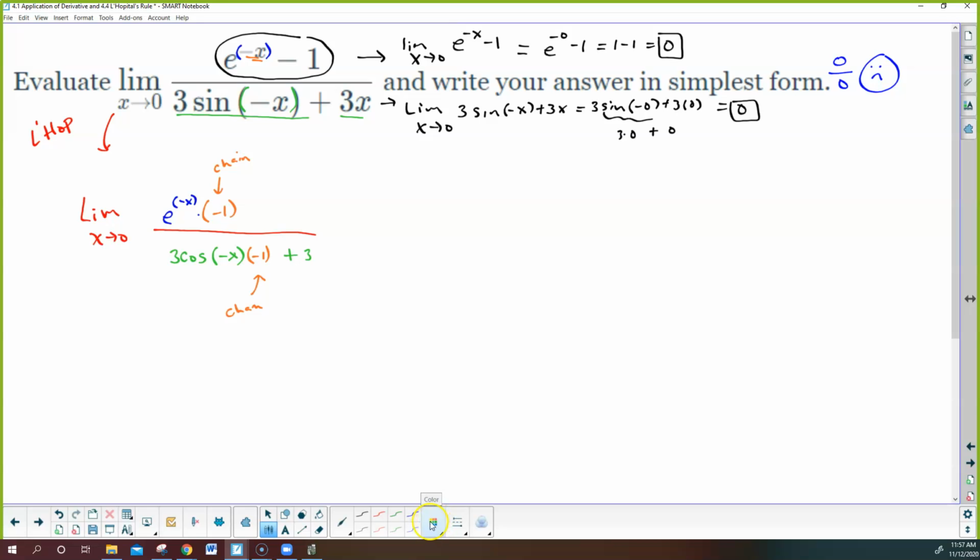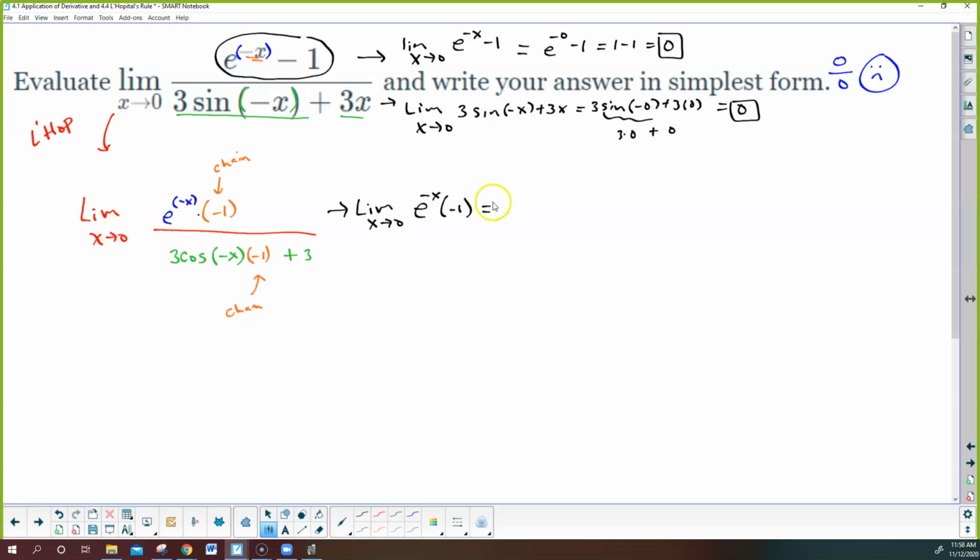Now this is the part where I'm not certain yet. Okay, and I don't remember if this is going to help me out or if it's going to hurt me. So here's what I'm going to do. I'm going to evaluate as if I think that this answer is going to be an indeterminate form. I'm going to evaluate just like we did up here, the derivative of the top.